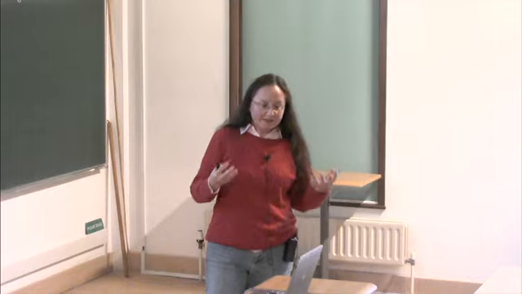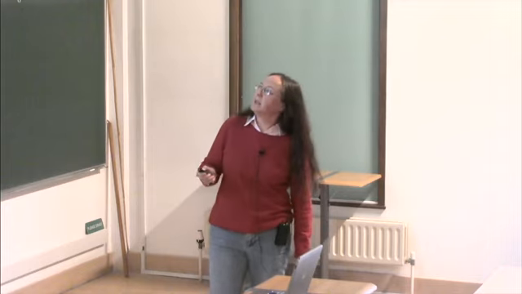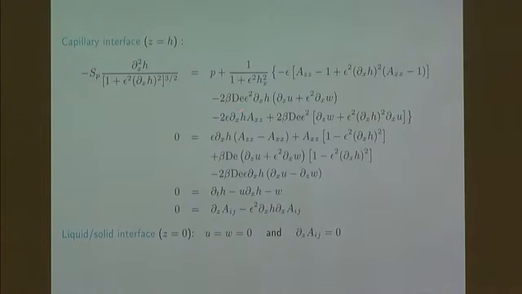The boundary conditions I forgot to mention: at the capillary interface, which have additional terms coming from the stress, you have boundary conditions of no net flux and the kinematic condition, and no slip and impermeability.